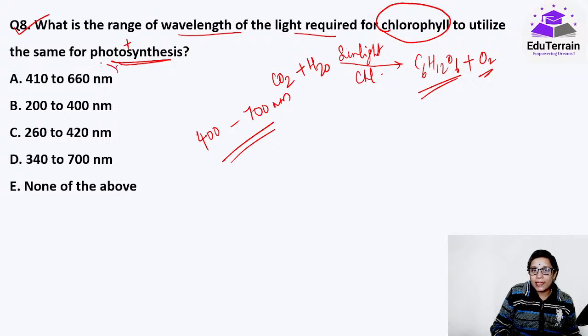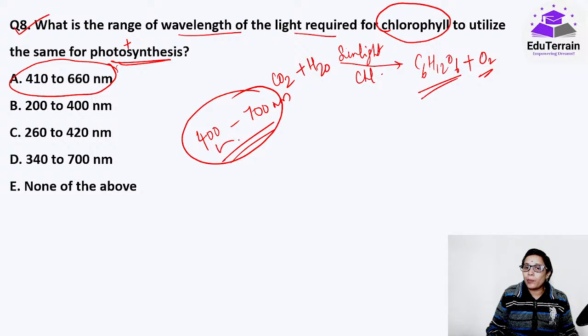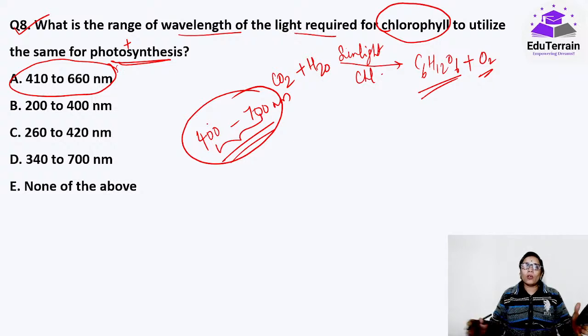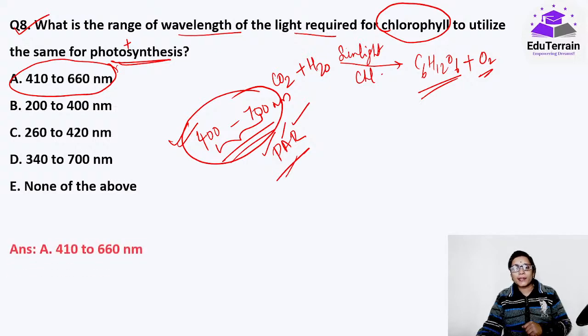So this is the one in between. So आपको confuse करने के लिए examiner किसी भी तरह से पूछ सकता है. He can provide you the data between these also. But overall range is 400 to 700 nanometers. This is called as PAR, photosynthetically active radiation. This is what that is required for the plants to cook their own food for photosynthesis.